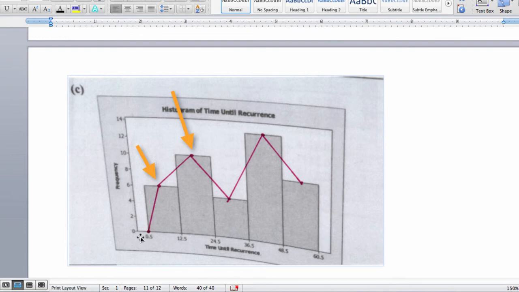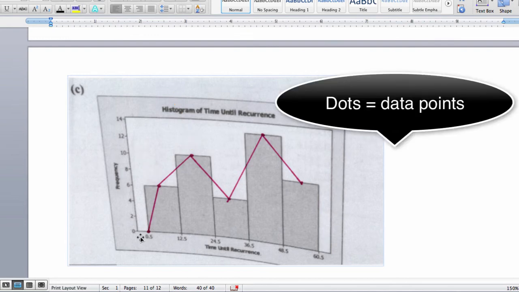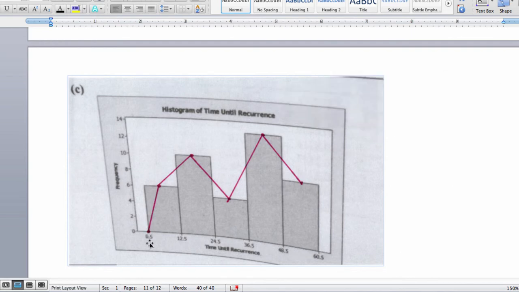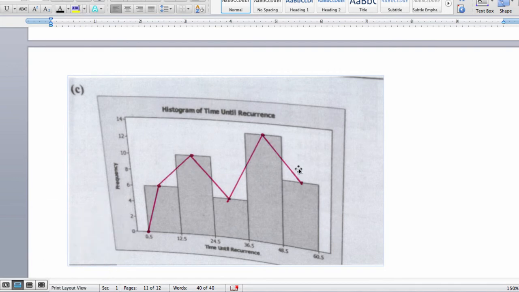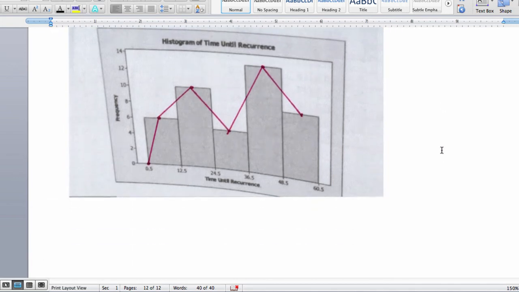You just put a dot in the center, like where the midpoint would be. But when you make an OGIVE, it always begins with the first class's lower class boundary, which is located on the x-axis or the horizontal axis, which would be 0.5. And then once you make your dots, then just connect them and make a line.